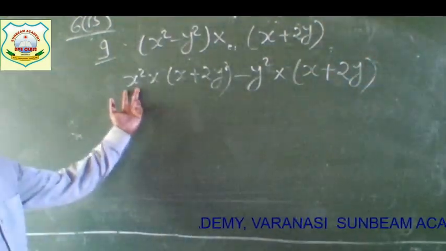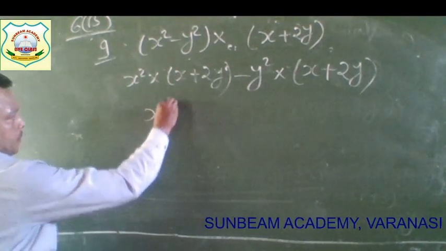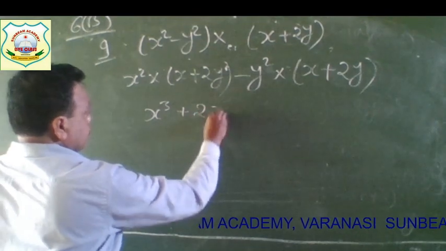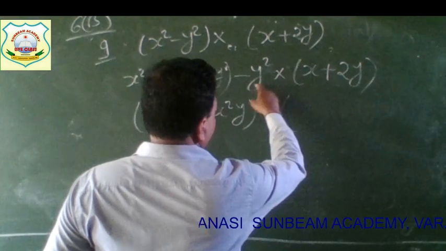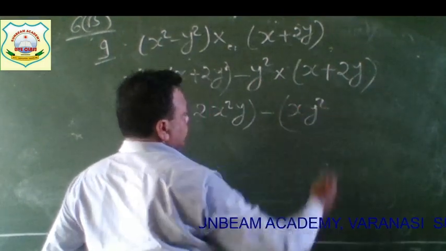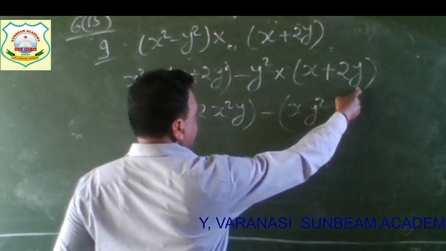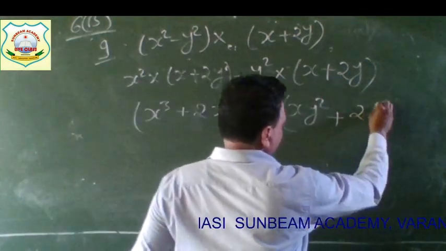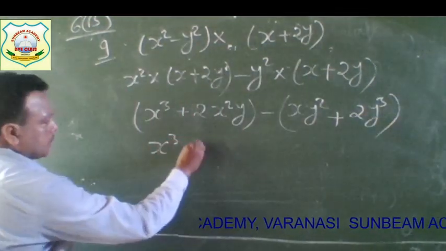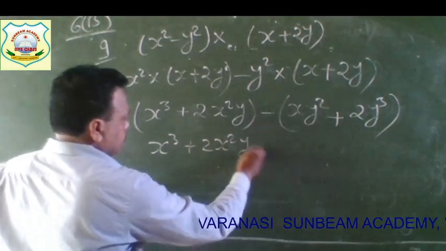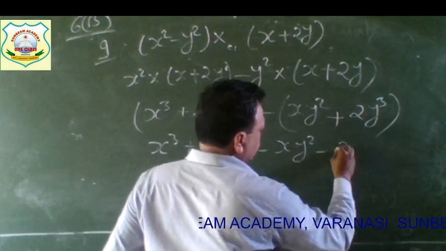What will happen? x square into x, x power 2, x power 1, then x power 3 plus 2x square y. Okay, bracket, minus x into y, then xy square, clear, xy square, and plus 2y into y square, y cube, 2y cube. Now open the bracket: x cube plus 2x square y minus xy square. Now minus is here, so the sign will change, minus 2y cube.